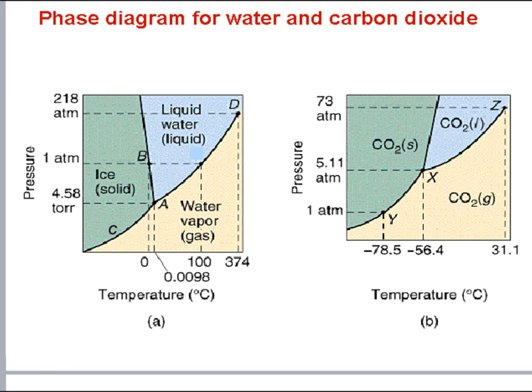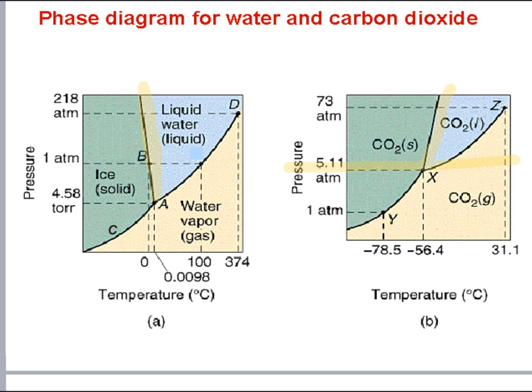Not all phase diagrams are created equal. As a matter of fact, water is one of the few known that actually has a Y shape that bends backwards. Notice that CO2 goes not only a little bit forward, but it also starts up much higher.